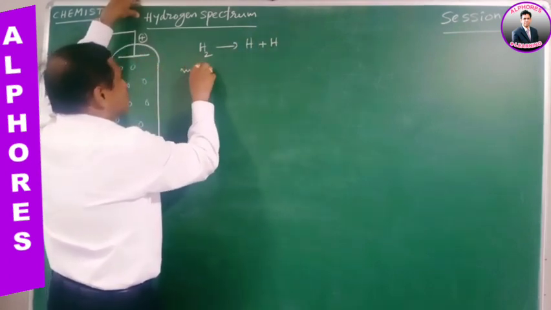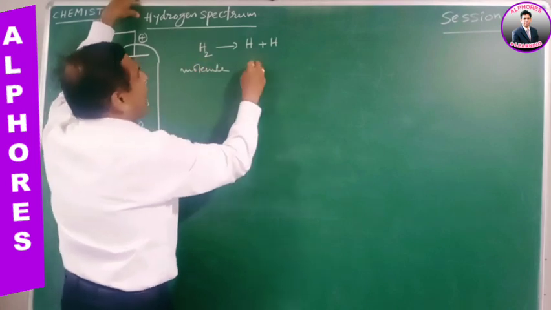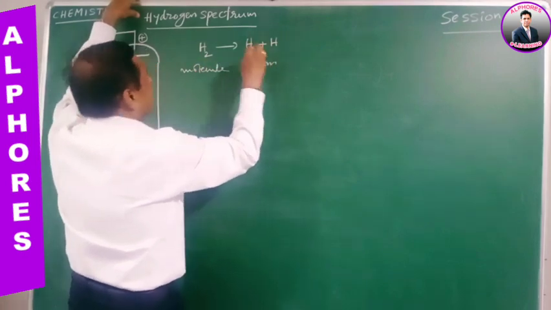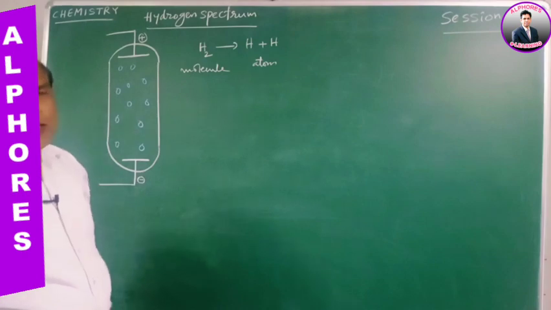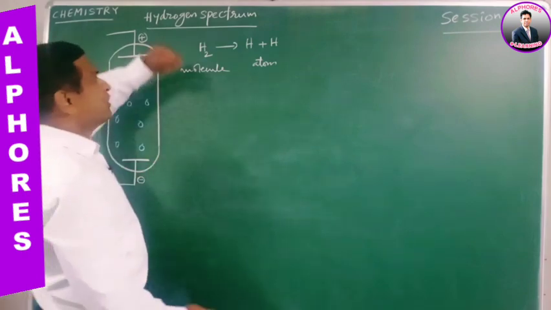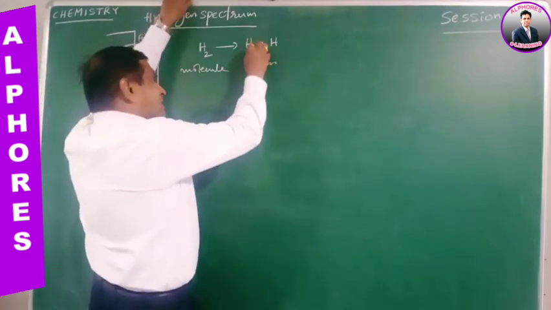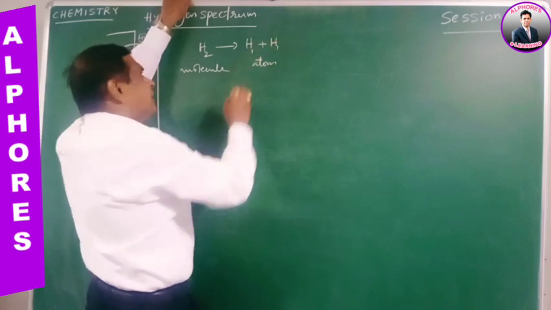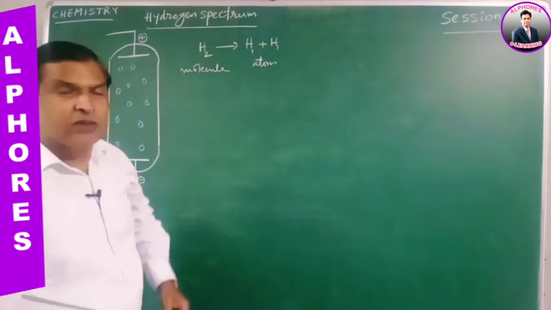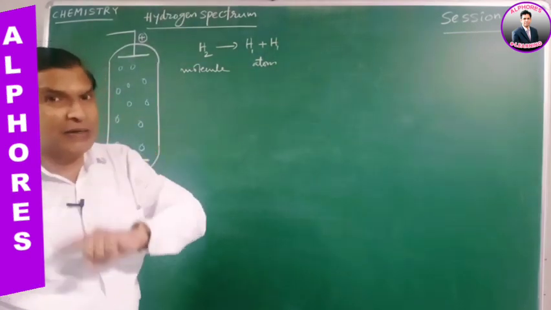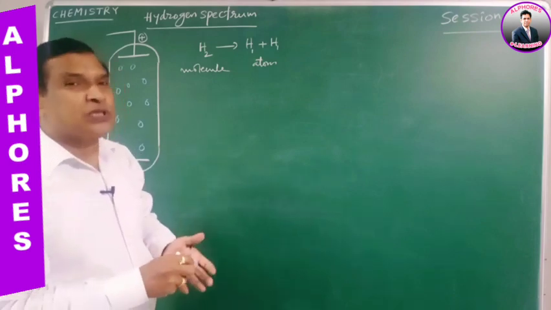And we know that each hydrogen atom has one electron, because the hydrogen atomic number is 1. So every hydrogen atom has one electron in its shell.